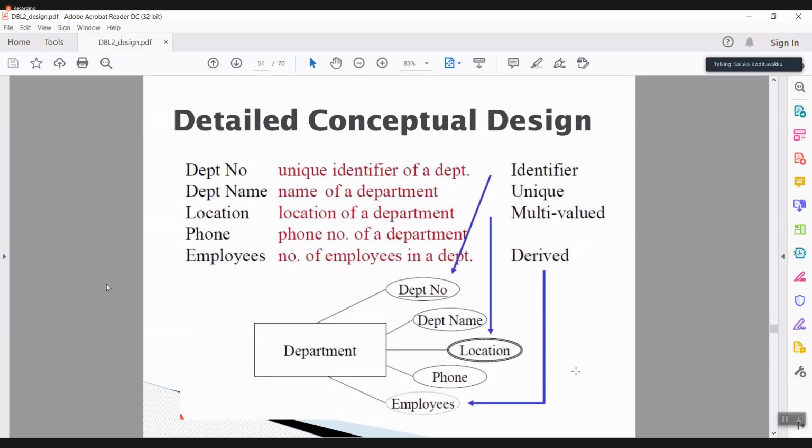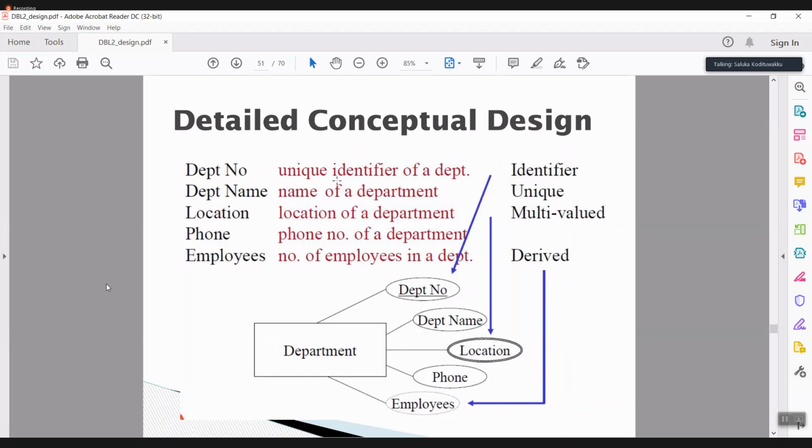And then the detailed conceptual design. Here you can see the entity is department, the identifier attribute is department number, the department name is there, the location is a multi-valued attribute, and then the phone is simple, employees is simple. But this employees is derived, that is not stored, that is a derived one.